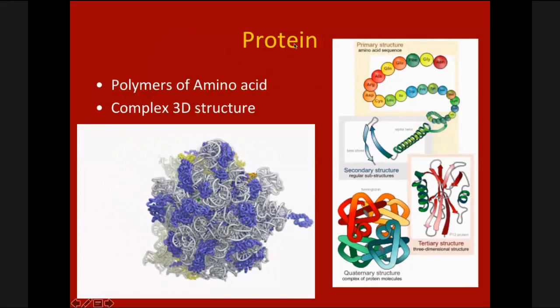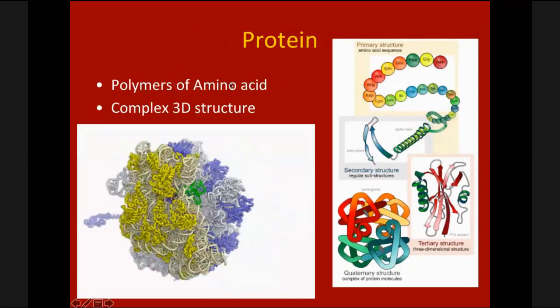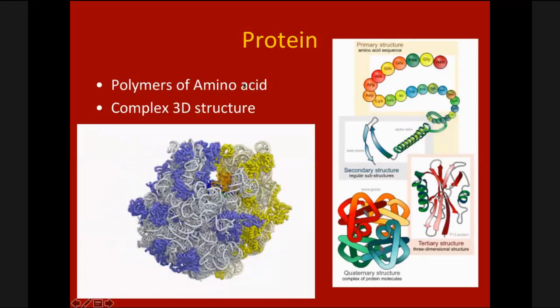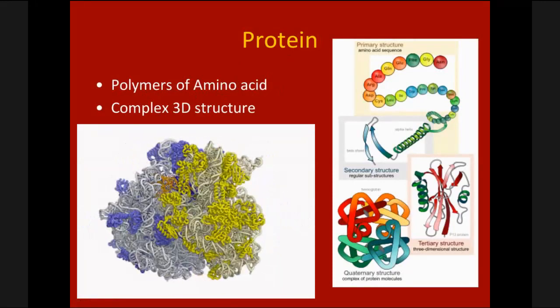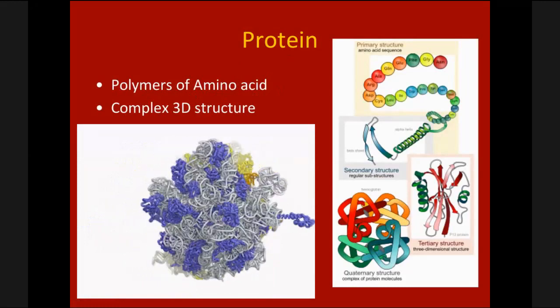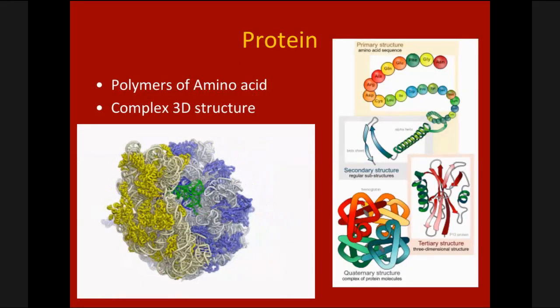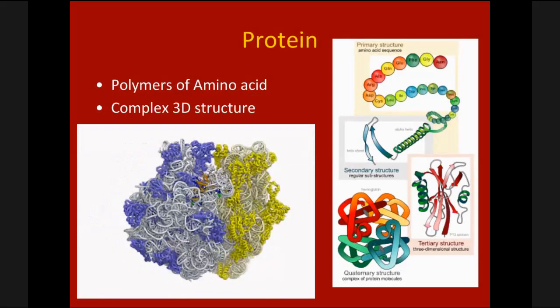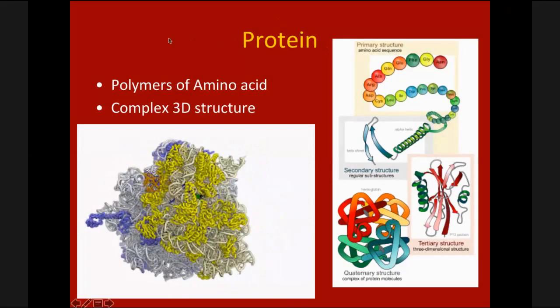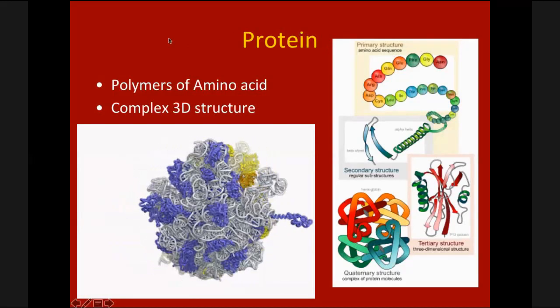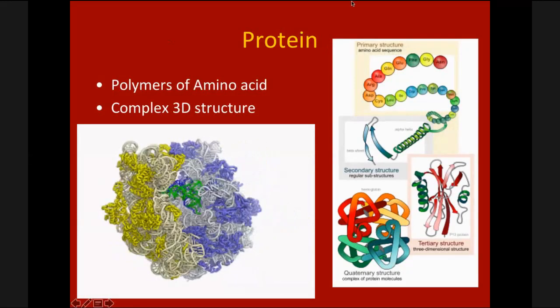All right, so proteins, we said, use the monomer amino acids to build these large, complex, three-dimensional molecules. And again, shape is critical. Shape is going to determine function. And the diversity of shapes that you can build with proteins is going to allow all the diversity of functions.